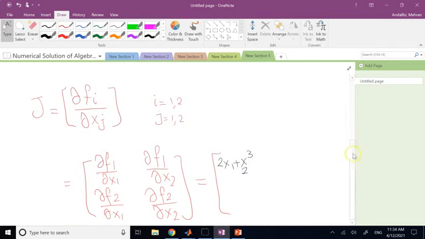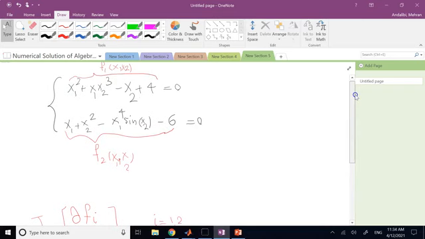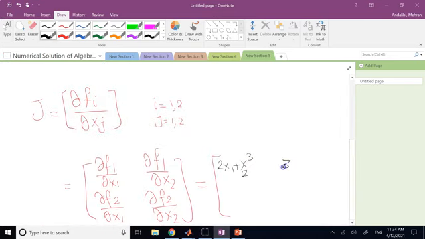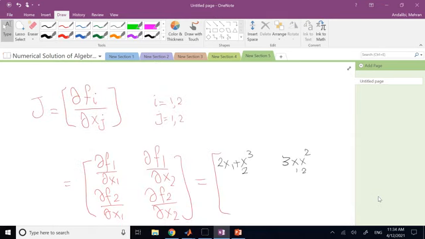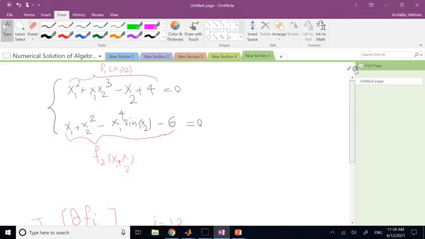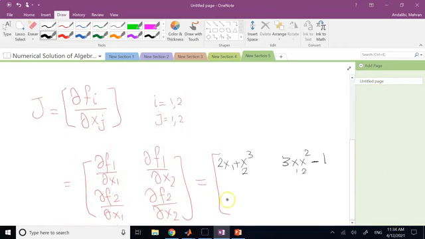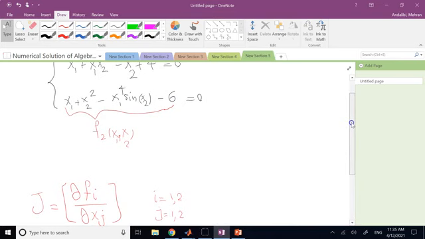That's one element, then the derivative with respect to x2, which is going to be 3x1 x2 squared, and then minus 1. And then you will have the partial derivative of f2 with respect to x1, which is 1 plus 4x1 cubed, so 1 minus 4x1 cubed times sine of x2.